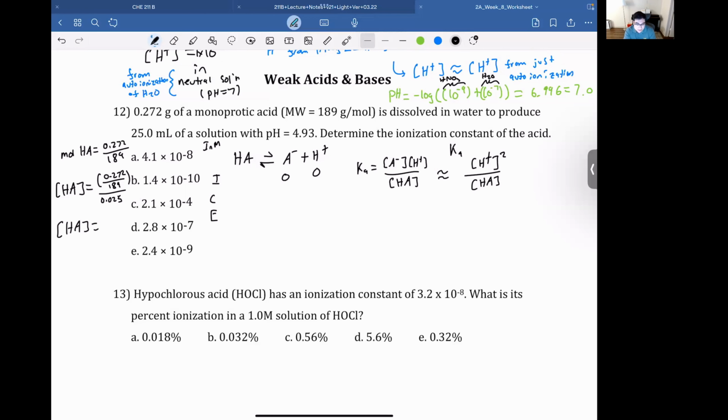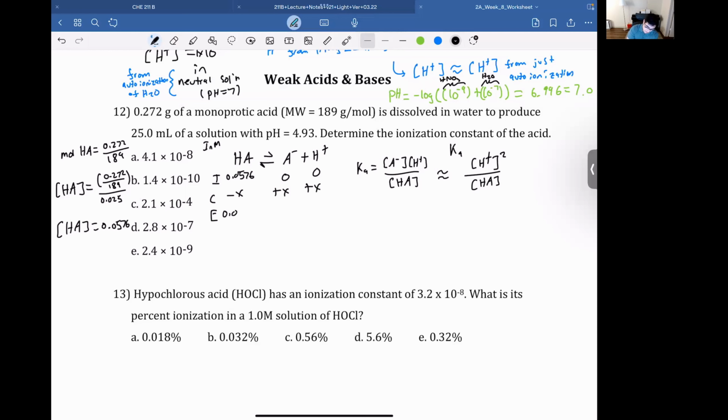Then when we plug this in, we get 0.0576. So 0.0576 for the initial concentration, right? You have minus x plus x plus x.